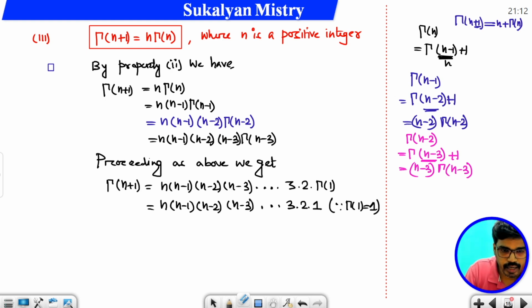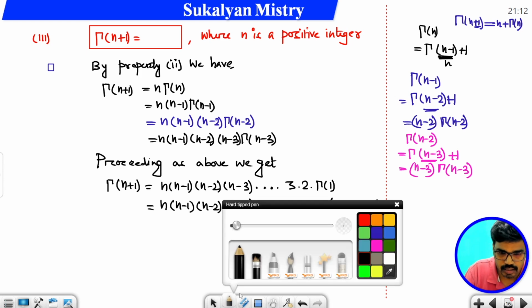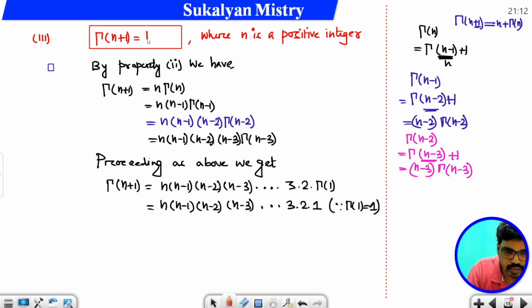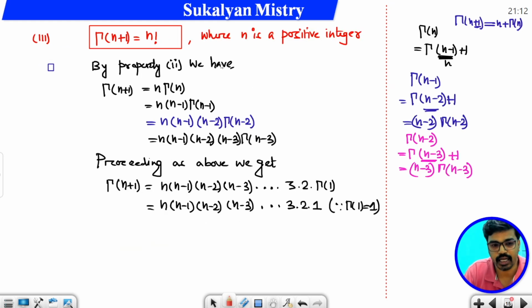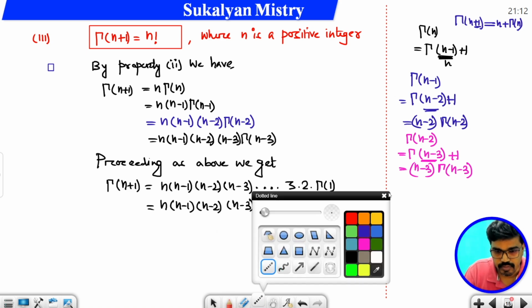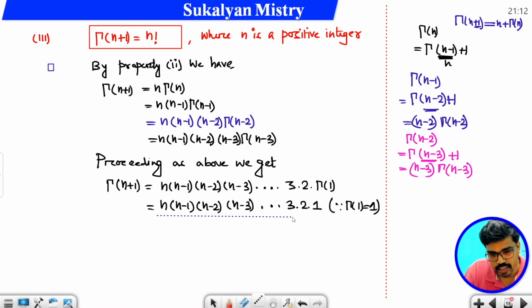Sorry, gamma n plus 1 is factorial n, please note the correction. I repeat: gamma n plus 1 is n gamma n, this result holds for positive rationals as well as positive integers, but gamma n plus 1 is factorial n where n is a positive integer. So n into n minus 1 into n minus 2 into n minus 3 into 3 into 2 into 1, that means factorial n.